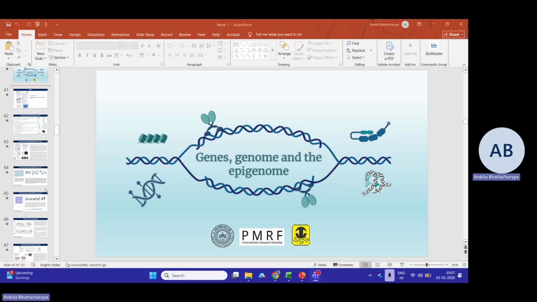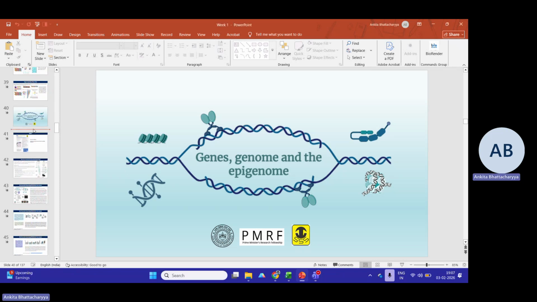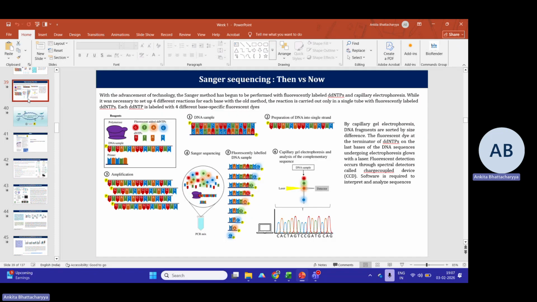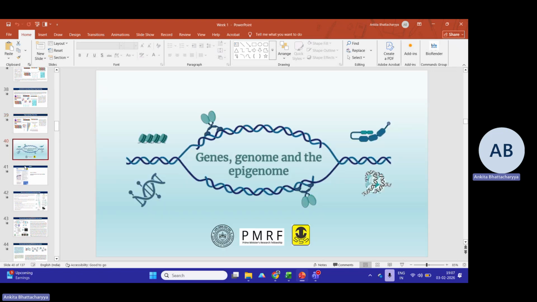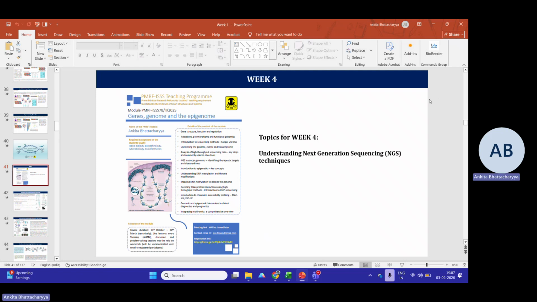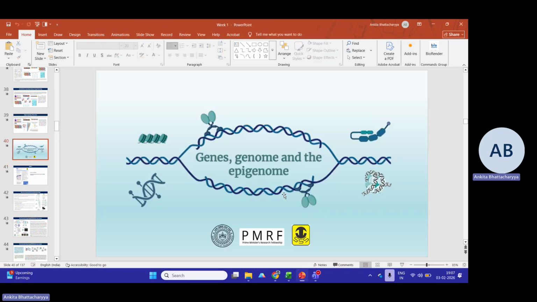Okay, so if you remember our last discussion and last revision, the topic that has been included as part of this first examination has been Sanger sequencing. So we had discussed NGS methods, Sanger sequencing, etc. Then we began our discussion on next generation sequencing techniques.